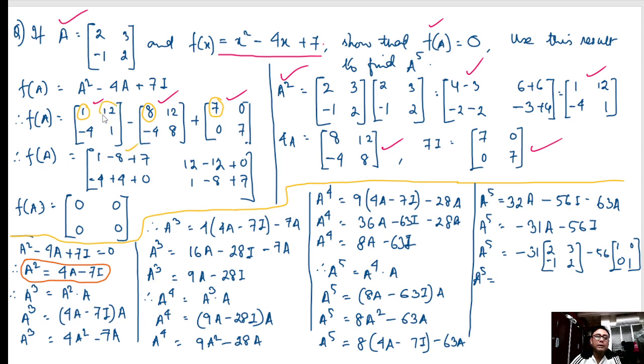Then we will do 12 minus 12 plus 0, which is this. Then we will do minus 4, it will become plus 4 plus 0, which is this. Then we will do 1 minus 8 plus 7, which is becoming this.